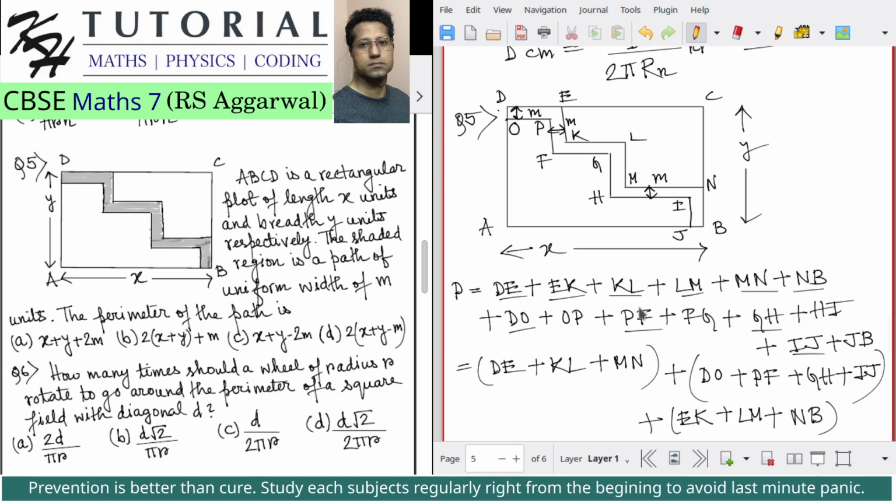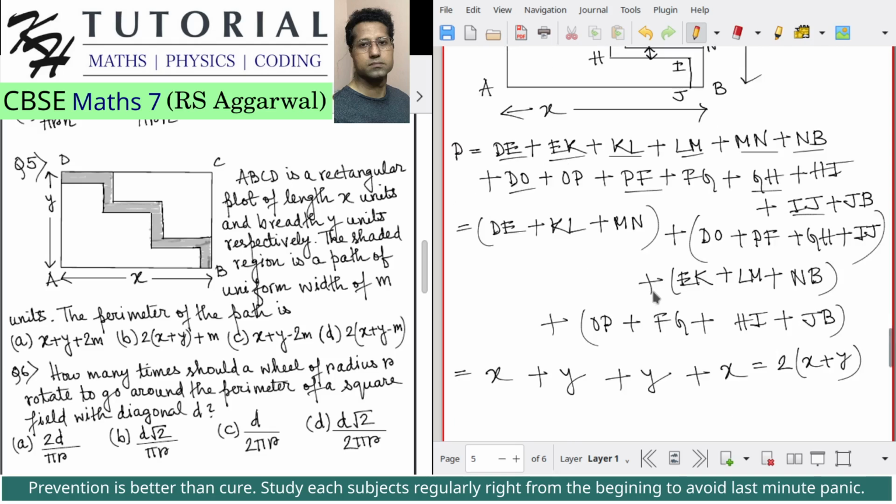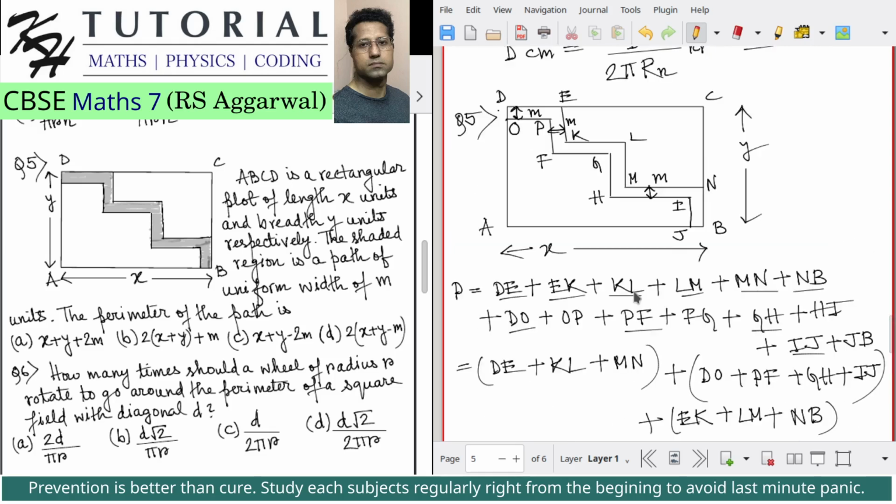And the width of the path is given to be m units, but we are not having m in the answer. Let me quickly check the reference problem.